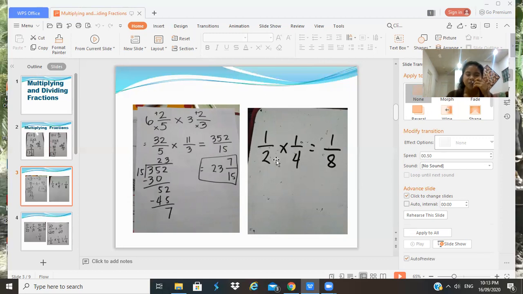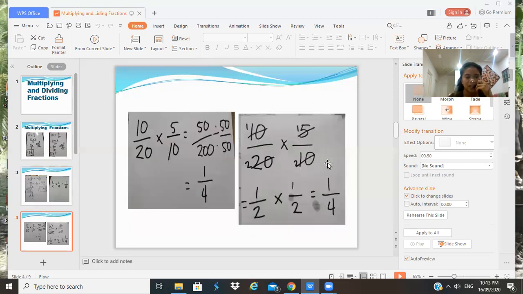Next example. 1/2 times 1/4. We can multiply directly. 1 times 1 is 1, and 2 times 4 is 8. So 1/2 times 1/4 is 1/8. Next example. We have 10 over 20 times 5 over 10.